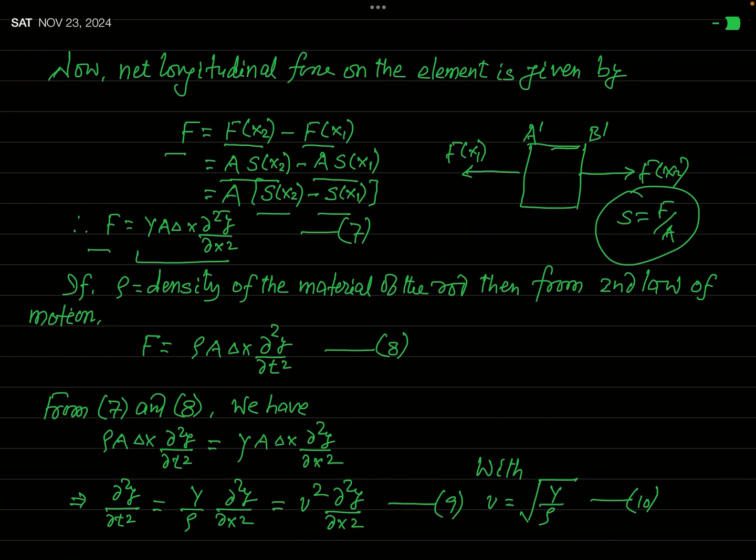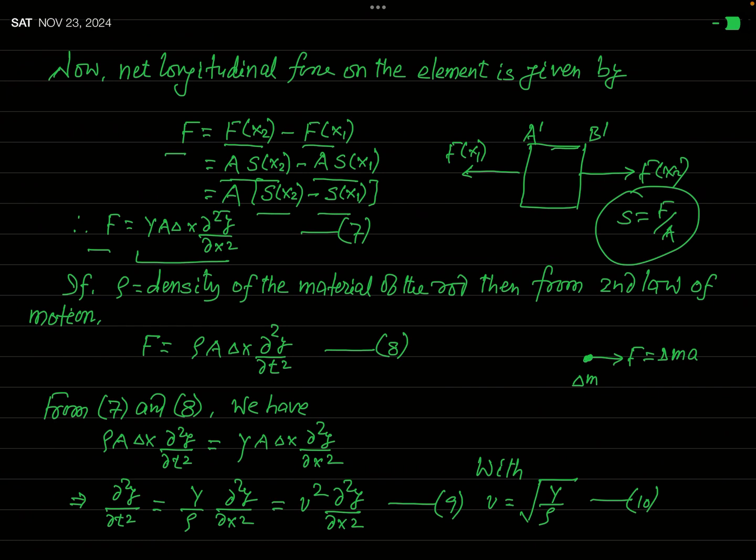Now this force can also be calculated using Newton's second law of motion. If we make a free body diagram, this is your element, and let us consider that the mass of this element is delta m and the net force acting on it is F. Then according to Newton's second law of motion, F will be equal to delta m times acceleration.